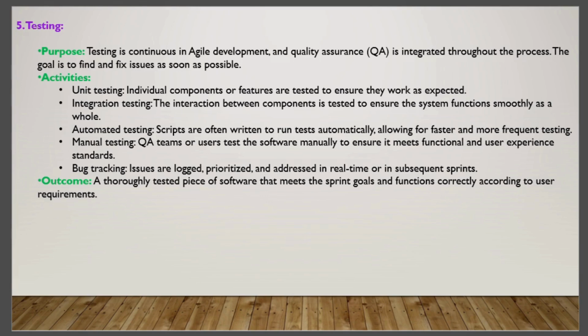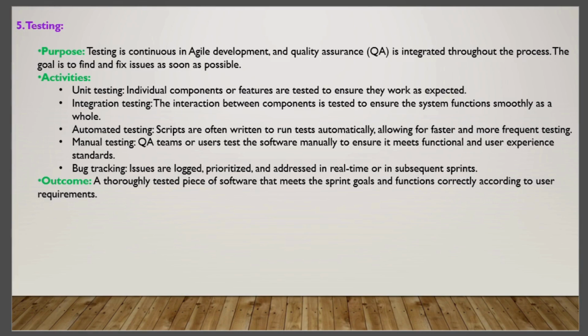Manual testing. QA teams or users test the software manually to ensure it meets functional or user experience standards. Bug tracking. Issues are logged, prioritized, and addressed in real time or in subsequent sprints.